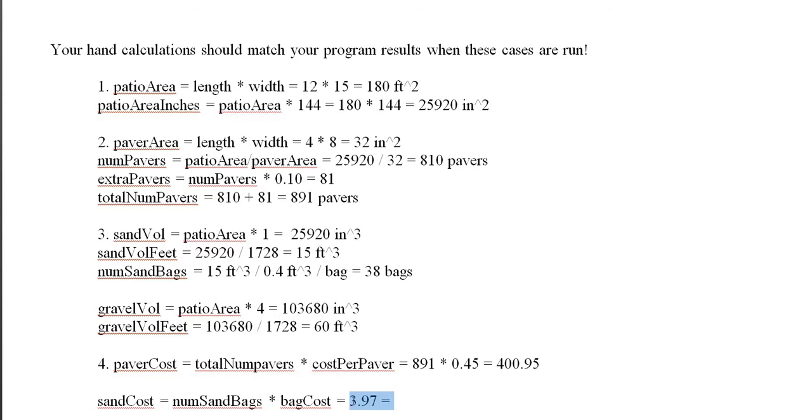Let's see. The number of bags is 38 times 3.97. There we go. And that is $150.86.